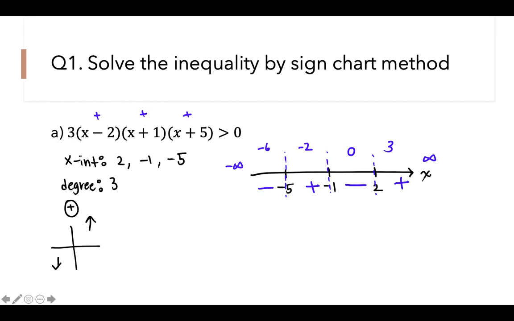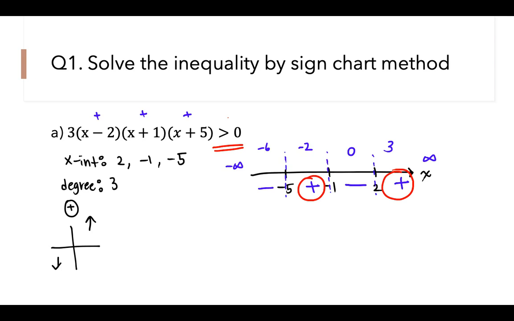Okay, so we have just evaluated using the interval chart. Now what we're going to do is figure out which interval is going to be greater than 0, meaning that it's going to be positive, above the x-axis. So this is positive, greater than 0, and this is also positive, greater than 0.